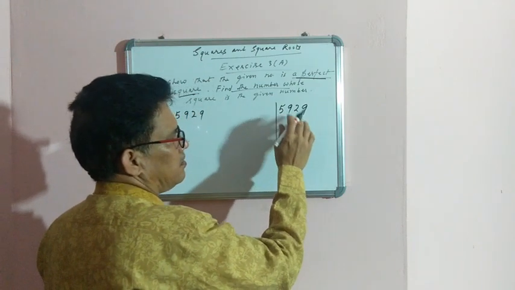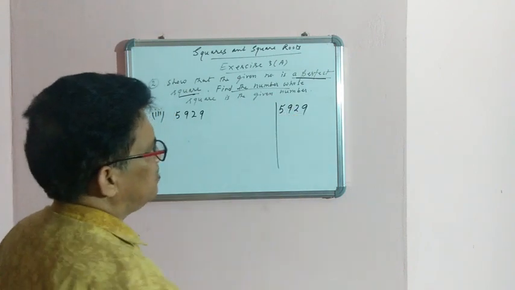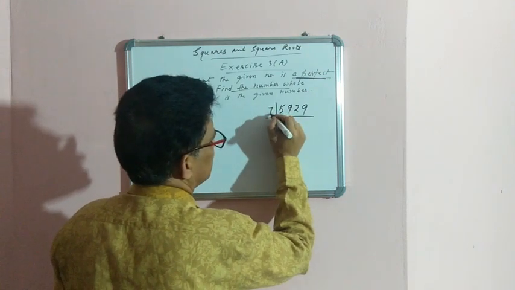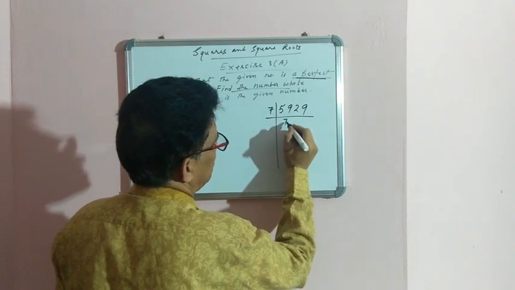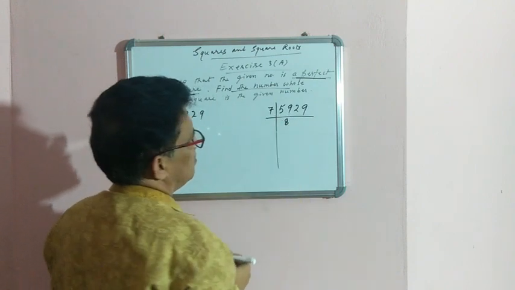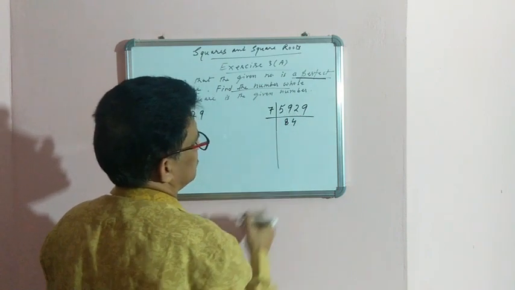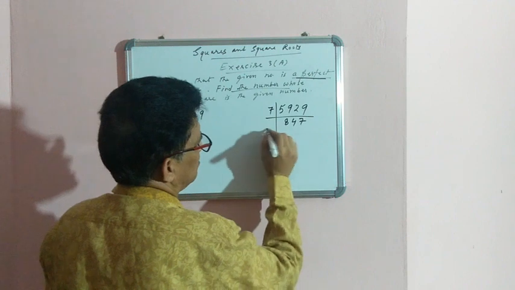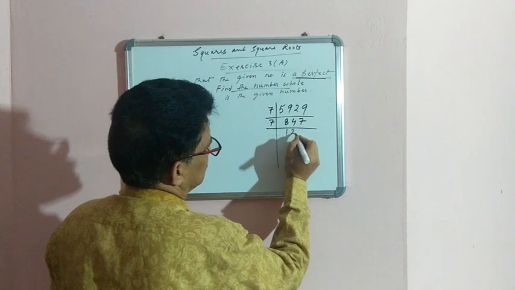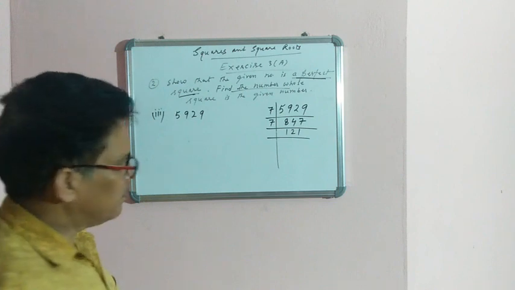This is not divisible by 3, not divisible by 2, and not divisible by 5 either, because 0 or 5 is not at the end. Then the next prime number is 7, so we will check by 7. 7 times 847 is 5929. Now again, 847 by 7 gives 121. This is the square of 11.